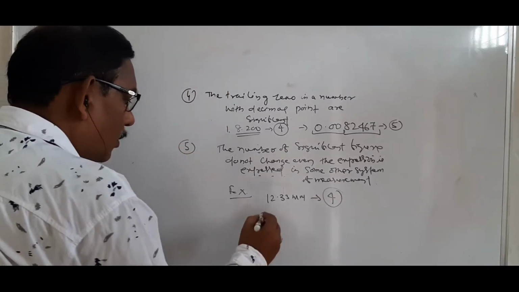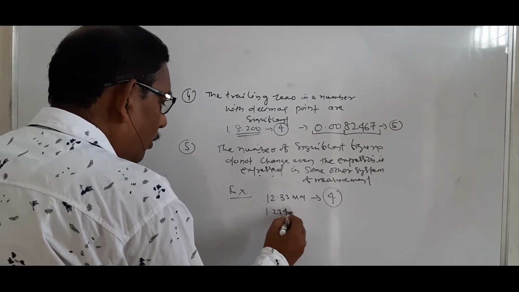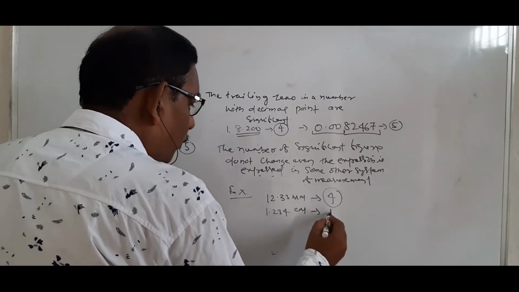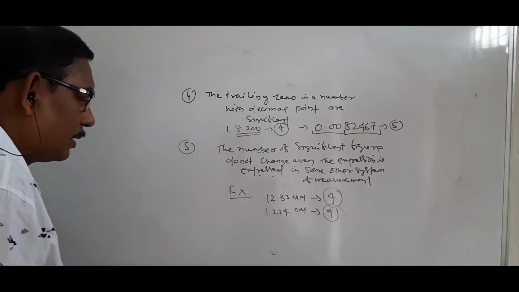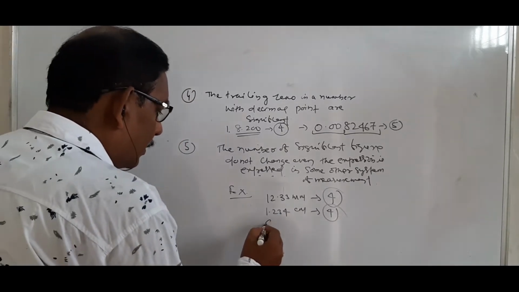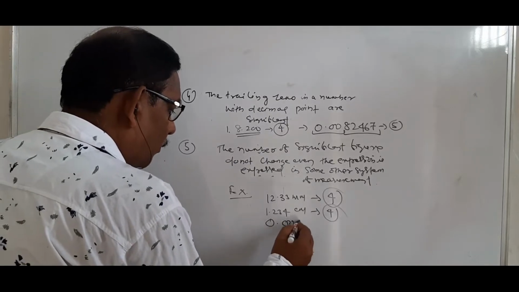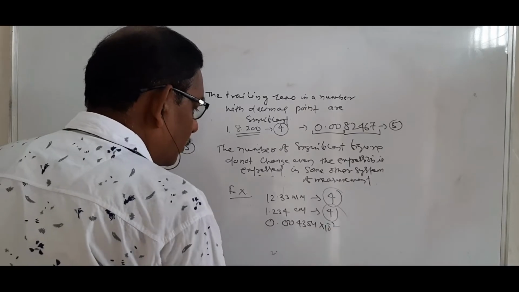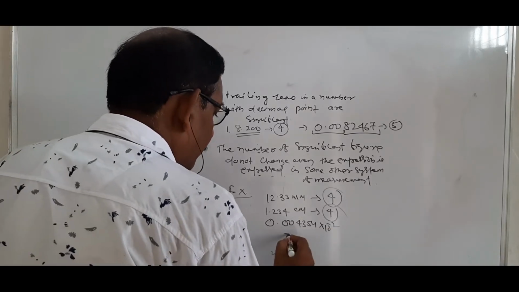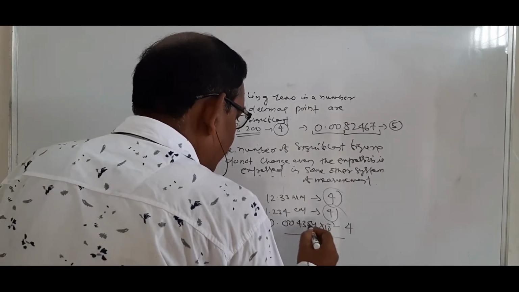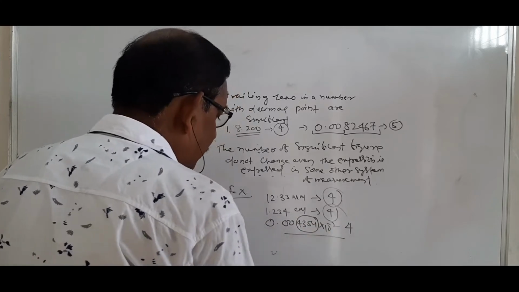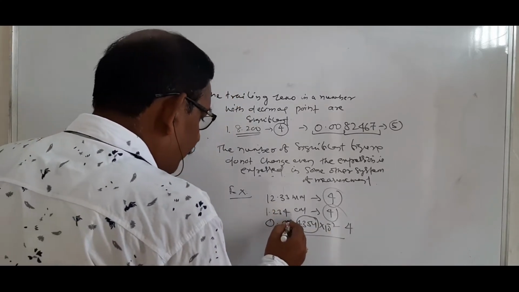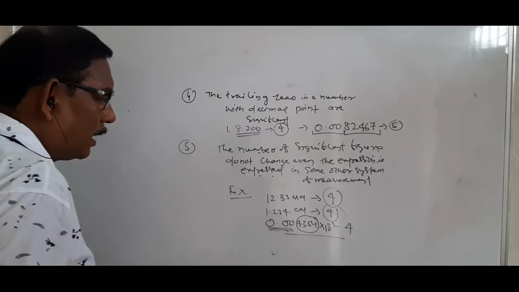Here, 1.234 centimeter, 4 significant figures. Similarly, 0.004354 into 10 power minus 2 also has 4 significant figures. Don't count this value. Clear?